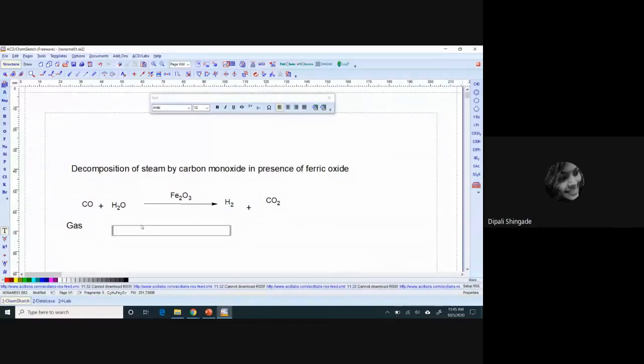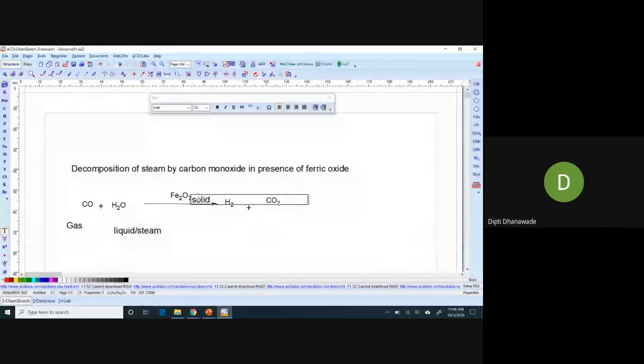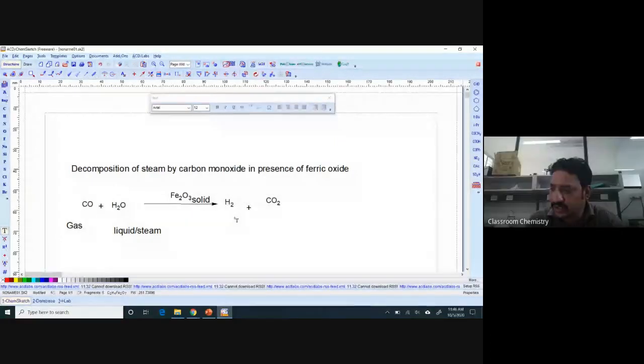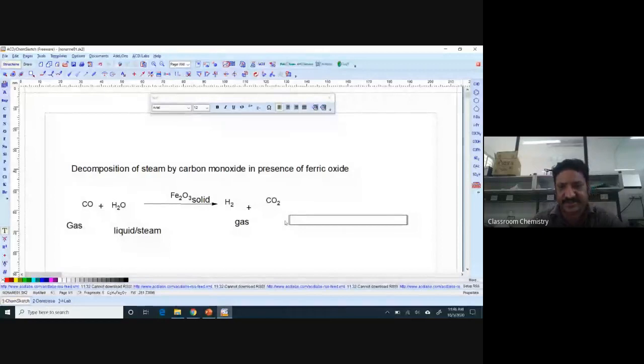Liquid, or it may be sometimes steam. Okay, that is vapor form. Fe2O3, which form? Solid. Hydrogen is in gaseous form, and CO2 also in gaseous form.